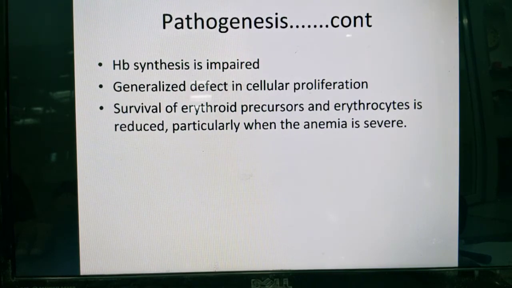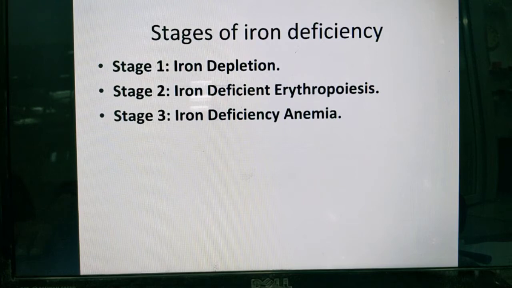Hb synthesis is impaired, with a generalized defect in cellular proliferation, and survival of erythroid precursors and erythrocytes is reduced, particularly when the anemia is severe. Now, stages of iron deficiency. Stage 1 is iron depletion. Stage 2 is iron deficient erythropoiesis. Stage 3 is iron deficiency anemia.